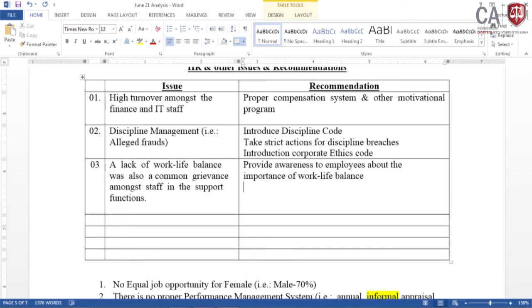Then, if the number of employees is not sufficient, recruit employees. That may be the ideal solution.